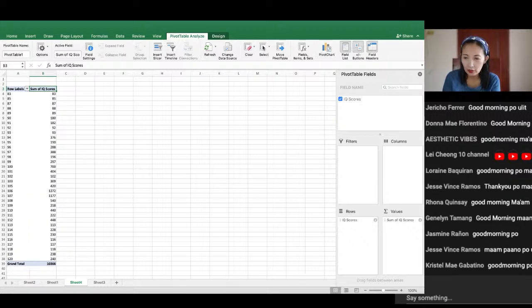If you could see this, click on this, and this will pop up. The pop-up will ask for, can you see the pop-up?